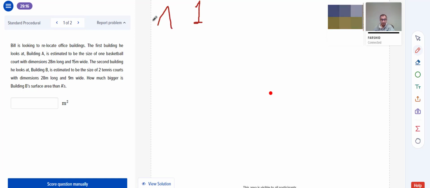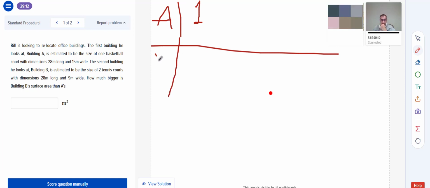So the first one is A. The second one is B. Oh, this is basically the same one. What is the first one? So B is 504.